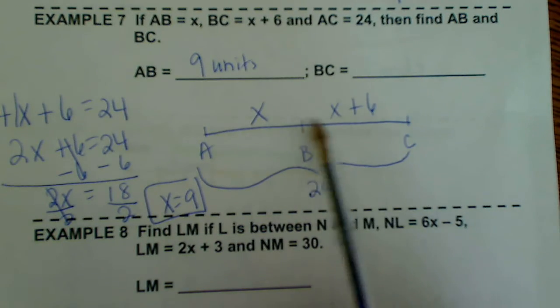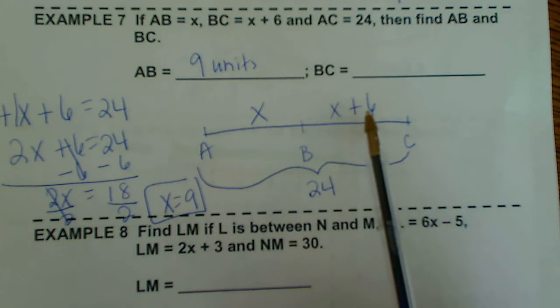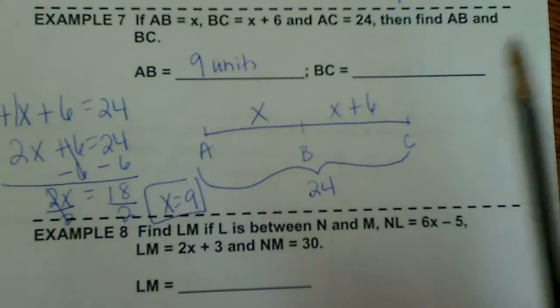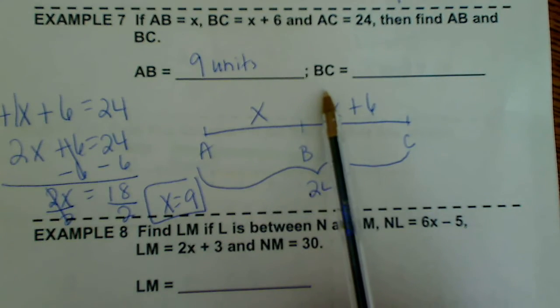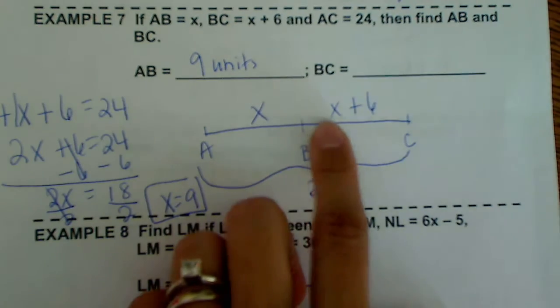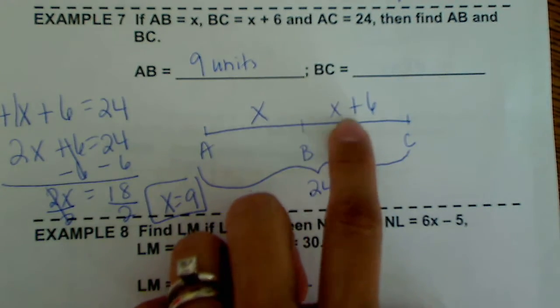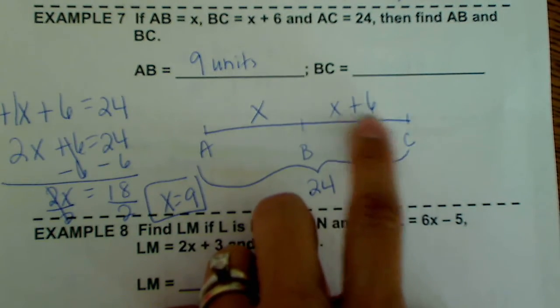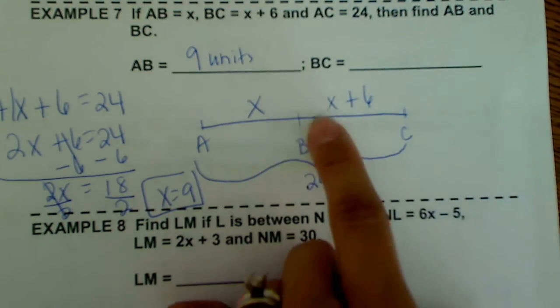This part right here is going to be from B to C, which is going to be what, Noah? Yeah, from B to C, what is that? Why would it be 9 here? X is 9, but what's B to C? 15.